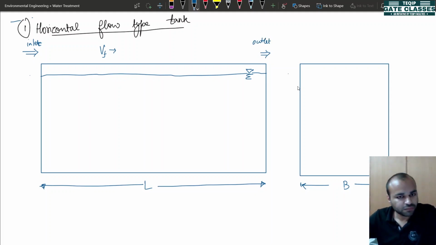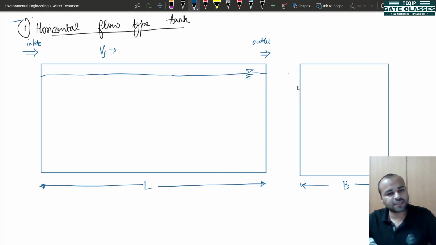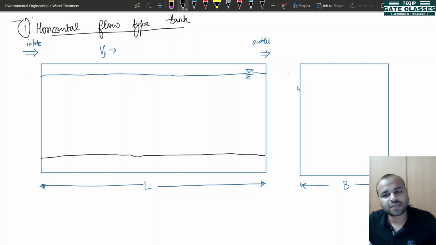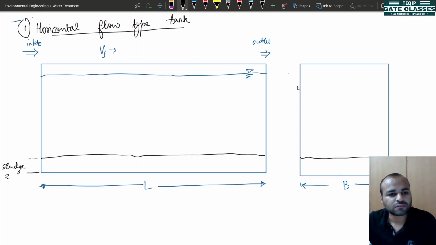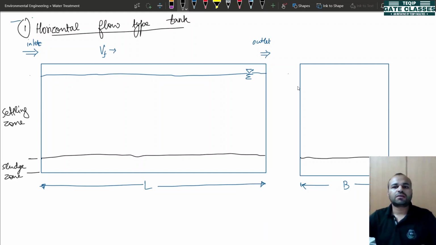Now, as we have discussed earlier, there is a settling zone and then there is a sludge zone. So let me quickly draw this. This is your sludge zone, and this one is your settling zone.